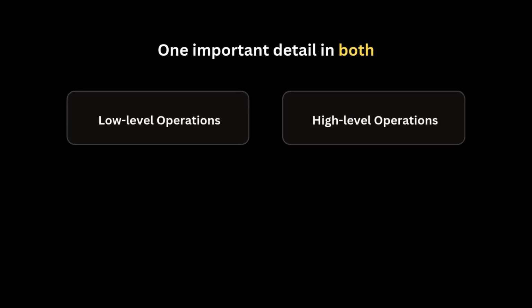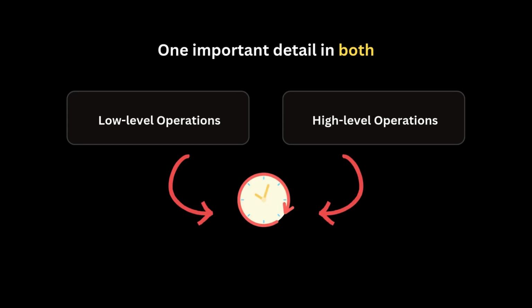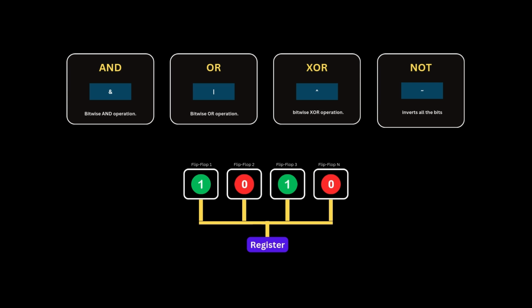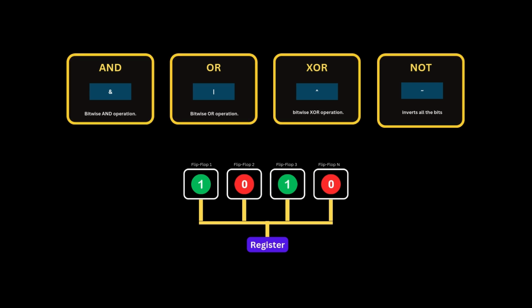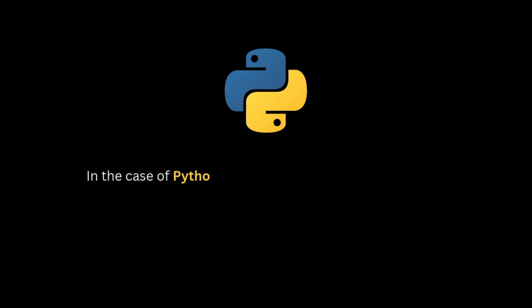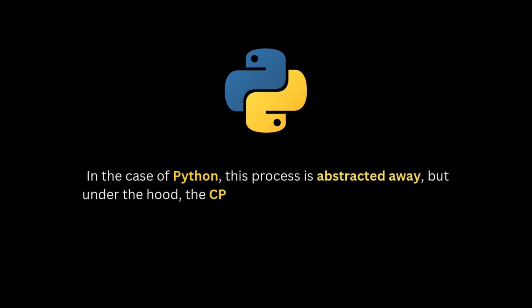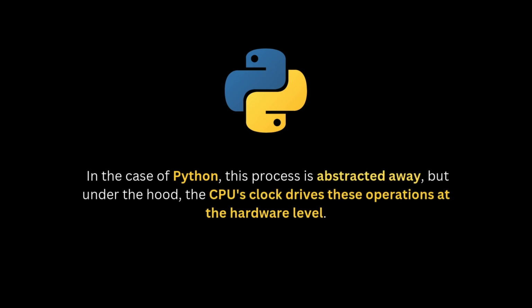One important detail in both low-level and high-level operations is the synchronization by the clock signal. When performing operations on registers, such as the bitwise AND and OR examples above, the clock signal in the CPU ensures that all bits are updated at the same time. In the case of Python, this process is abstracted away, but under the hood, the CPU's clock drives these operations at the hardware level.